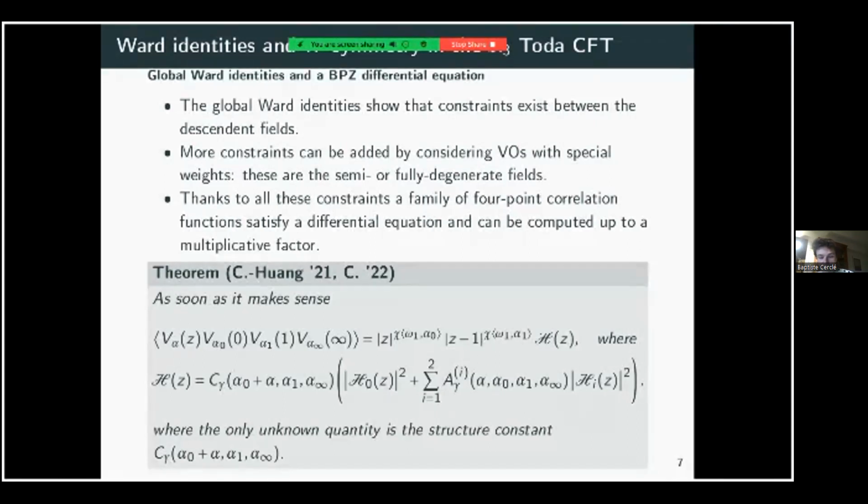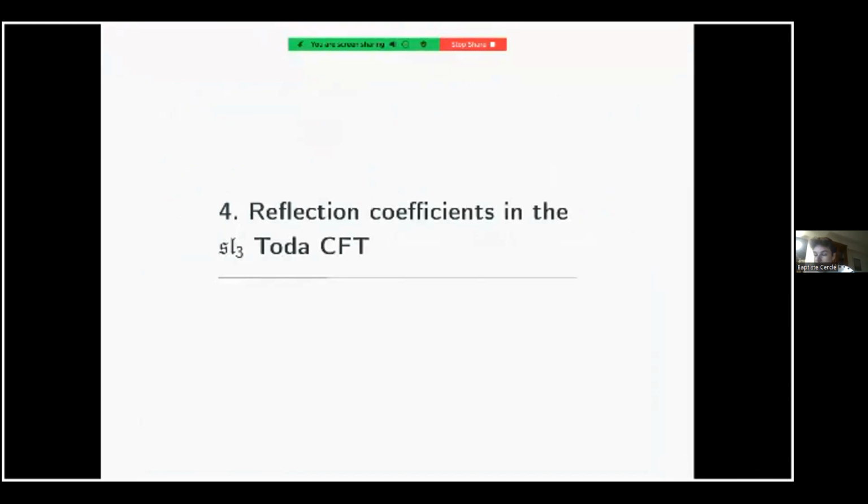So this C gamma is nothing but a structure constant. So this W symmetry allows us to compute these 4-point correlation functions up to this structure constant. The next question is: how do you deduce the structure constant from this explicit expression?